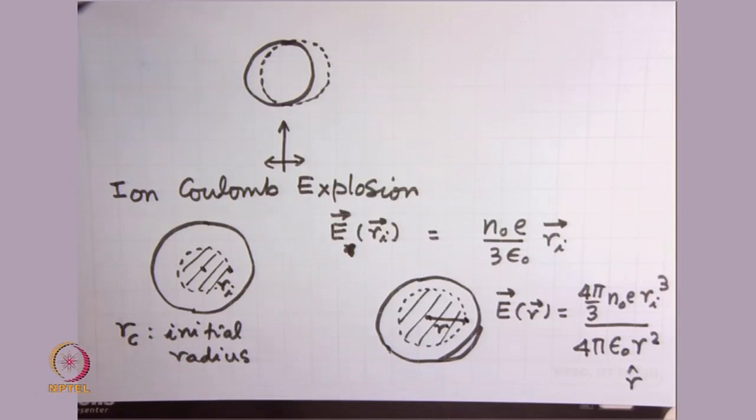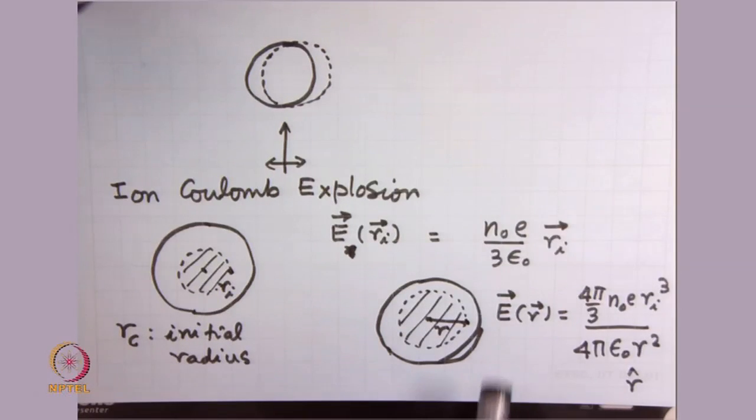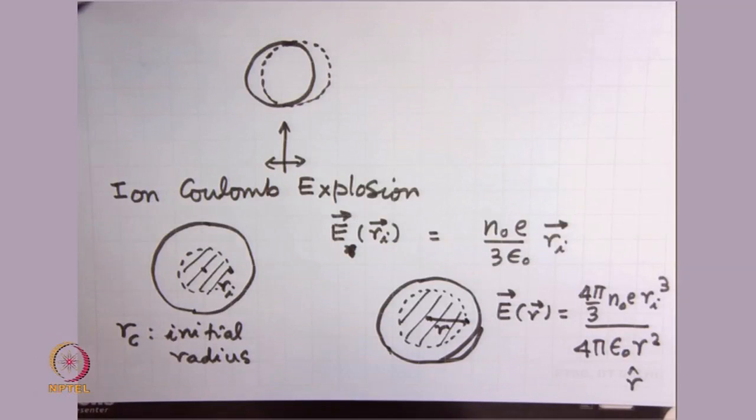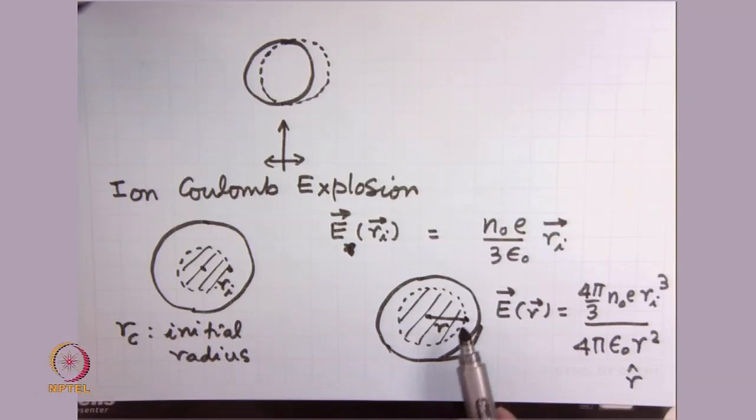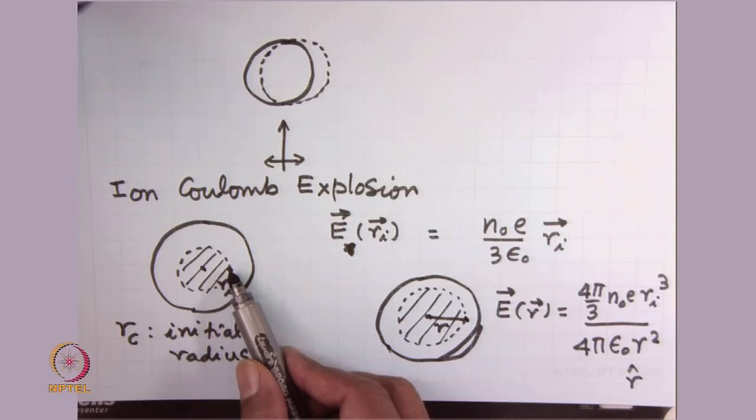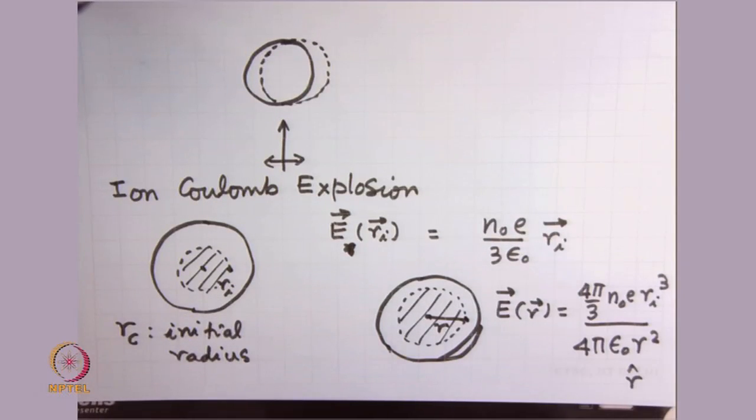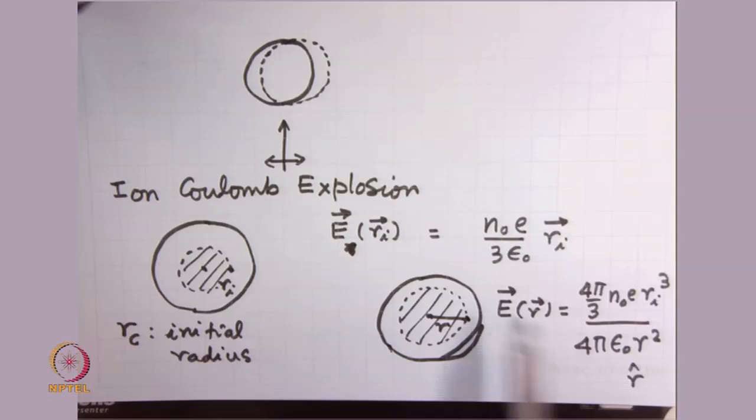So this is the electric field seen by the same ion. It means that as this sphere undergoes Coulomb explosion, the ion which was starting at position Ri with 0 velocity sees a decreasing electric field as it moves out, because as r increases, the field will decrease.